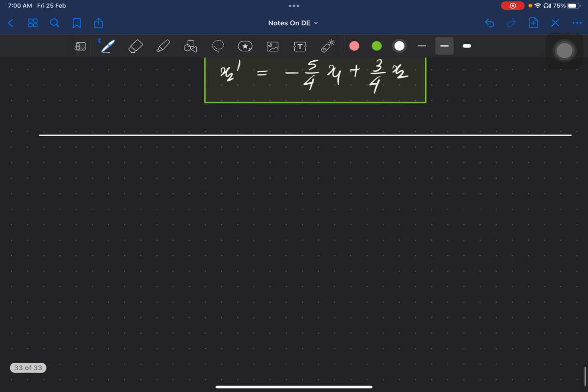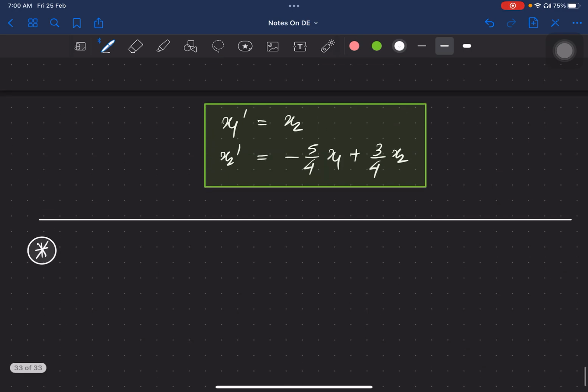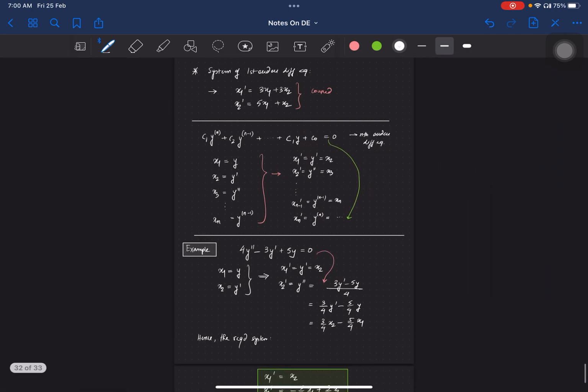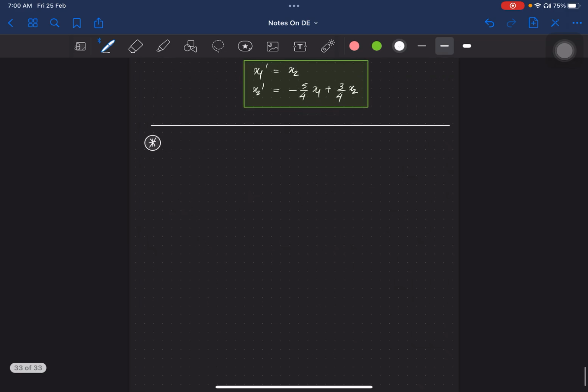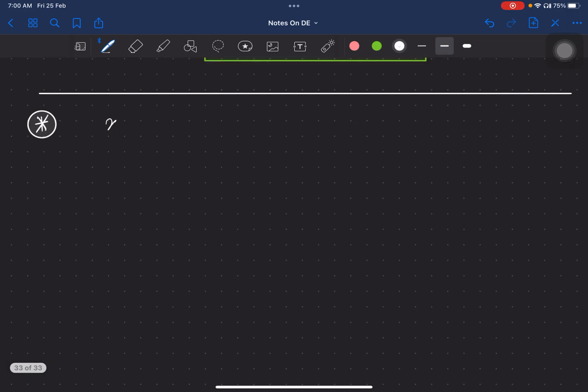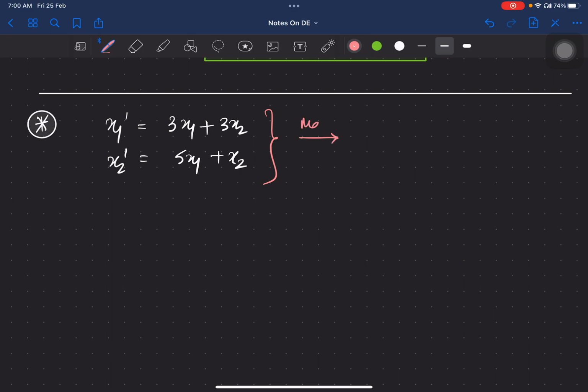Now let us see how to solve a system of first order differential equations. So for that we will take our first example, that is x1 prime equal to 3x1 plus 3x2 and x2 prime equal to 5x1 plus x2. We can convert this system into a matrix.